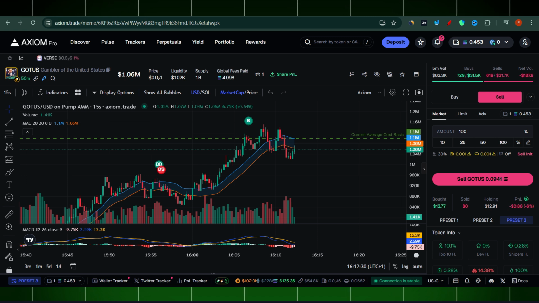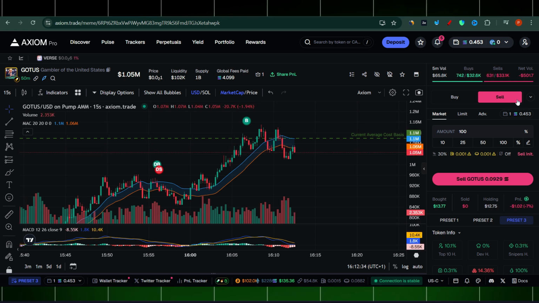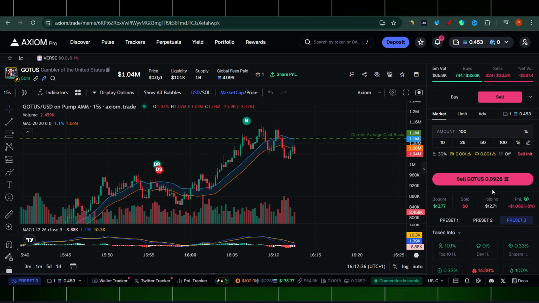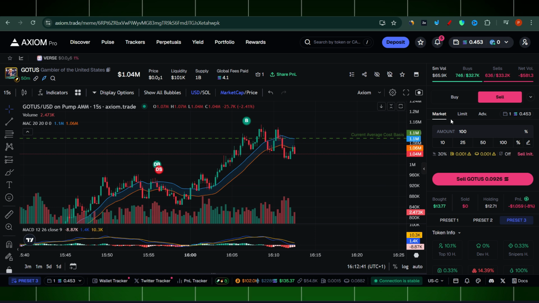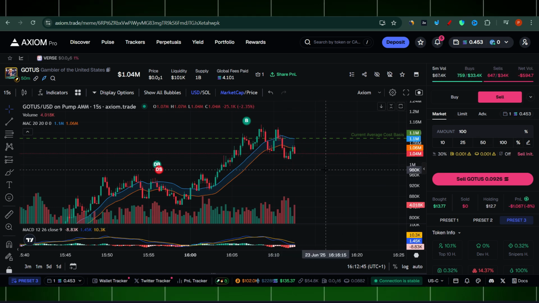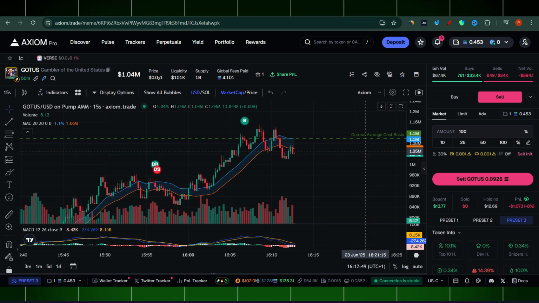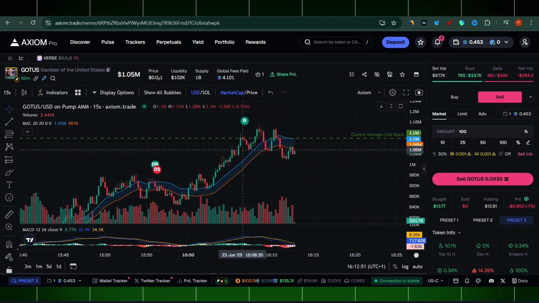So less money going into it, despite the fact there are more buys. You have to keep an eye on it, guys. This is significant information for you. If there is less money going in, it means there will be sell pressure sooner rather than later. I'll wait a bit longer when it comes to this coin.